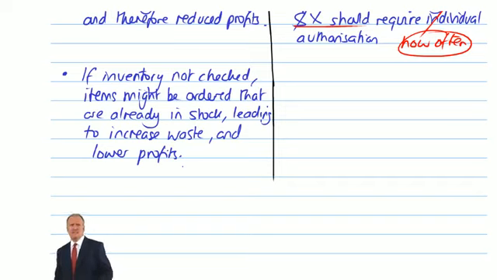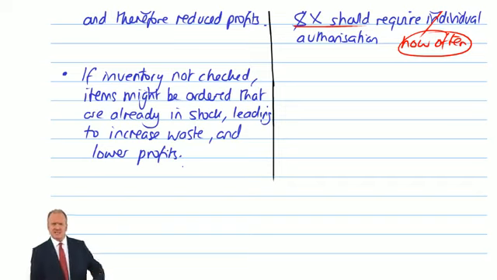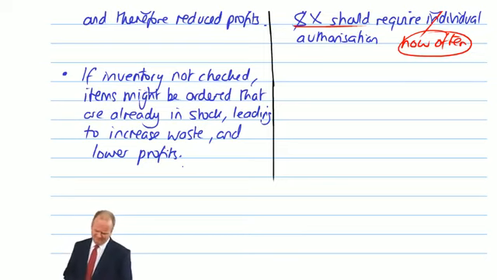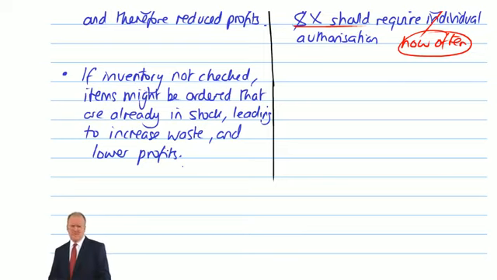It's so easy to now write "inventory should be checked". Fine. Who? How? How often? Well, how often? Every time, I would hope. Who? How? Well, I think we're past the olden days when you would walk into the warehouse and just have a look, a bit like you and I would do if we're going to the supermarket.